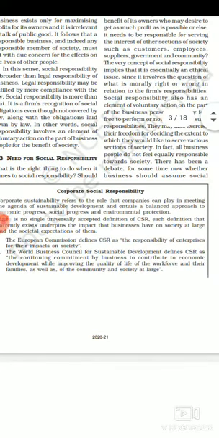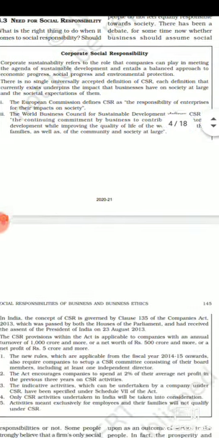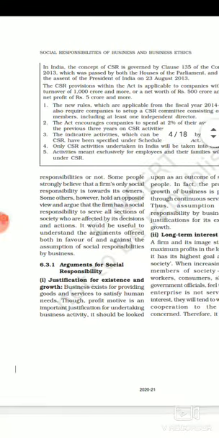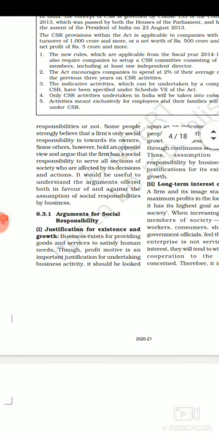So when we talk about social responsibility, every enterprise has its own views about it. Now, today we are going to discuss the need for social responsibility. So there are two arguments about it. There are certain enterprises who are in favor of social responsibility.